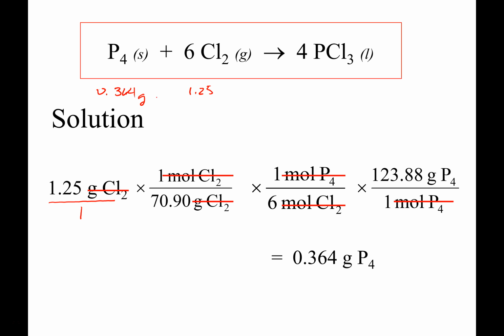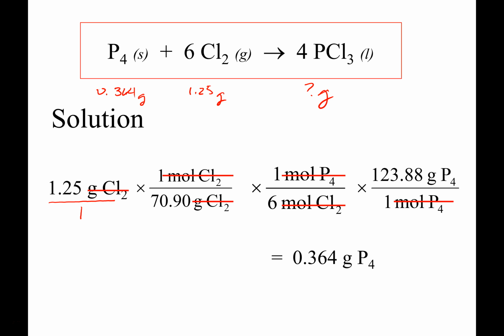Follow-up question is going to be, and again, you could get the mass of the product simply by adding these two together, couldn't you? But we're not going to do that. So we have 0.364 grams of P4 reacted with 1.25 grams of Cl2. So what is it? 1.61.